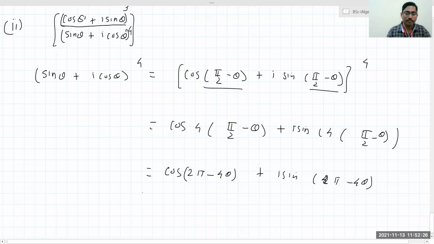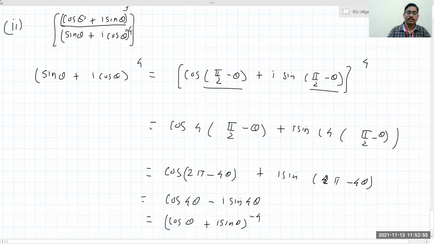Cos of 2 pi minus 4 theta is cos of 4 theta. What will sine 2 pi minus 4 theta be? It is minus sine 4 theta. So actually the value of this is cos theta plus i sine theta raised to minus 4.